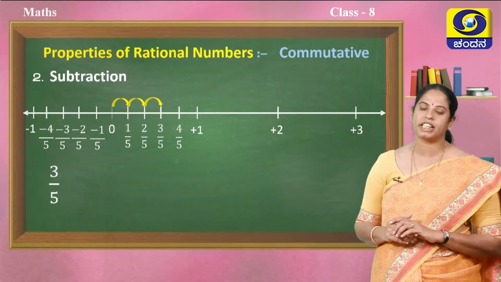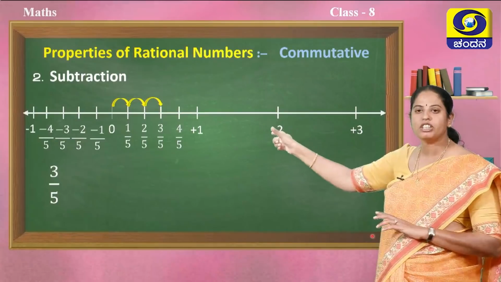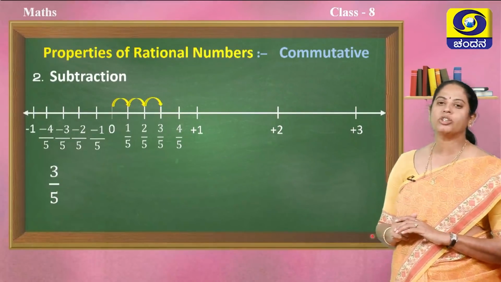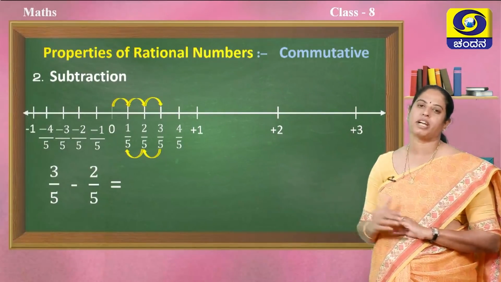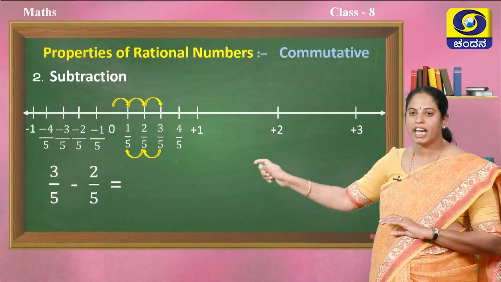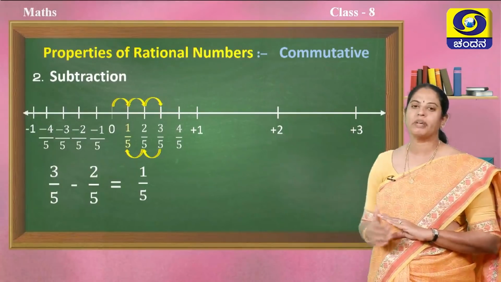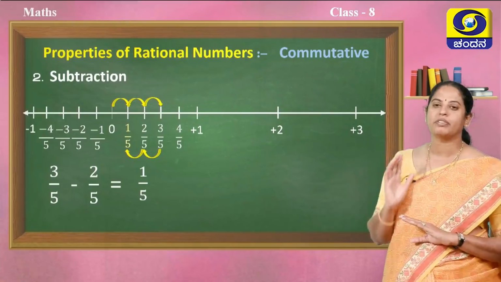Now I am considering 3 by 5. That means 3 parts between 0 and 1 are taken. Now I am going to subtract 2 by 5 from this 3 by 5. I have to move 2 parts that I have divided between 0 and 1 and I will reach 1 by 5. That is the answer when 2 by 5 is subtracted from 3 by 5.